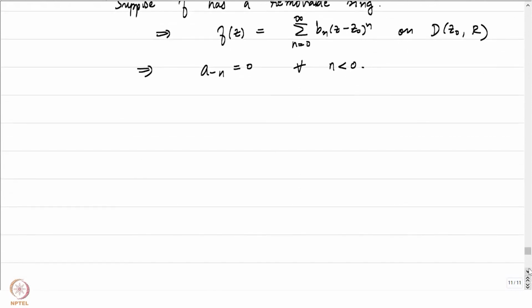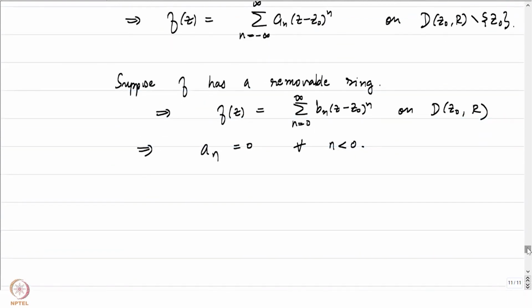And if you backtrack, if you just go back along the same things, and if you assume that for all n less than 0, a_n is equal to 0, then f will have a power series expansion, and that can be thought of as a function on D(z0, R) rather than on D(z0, R) minus z0, and therefore z0 will turn out to be a removable singularity.